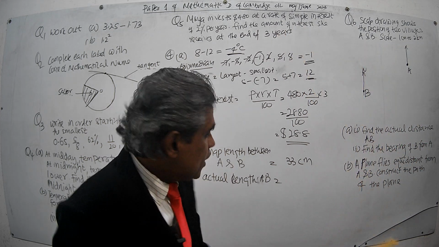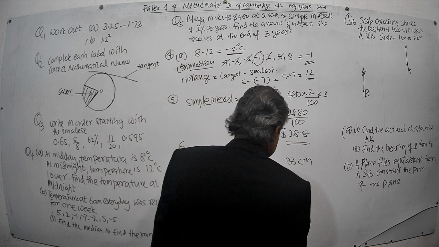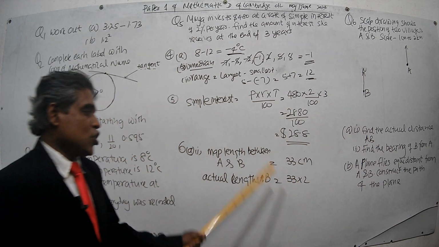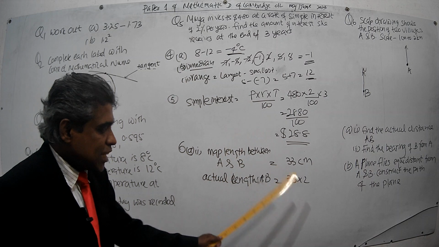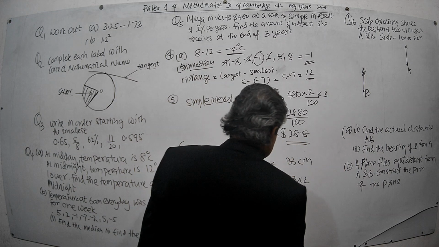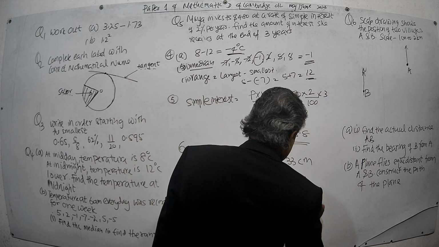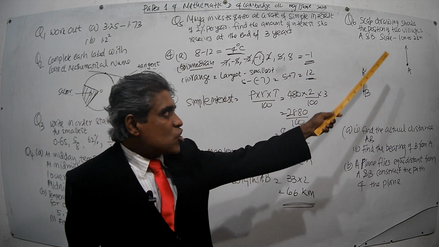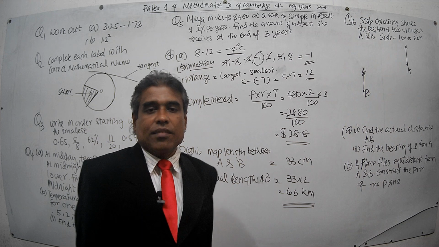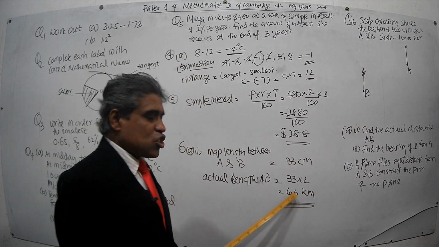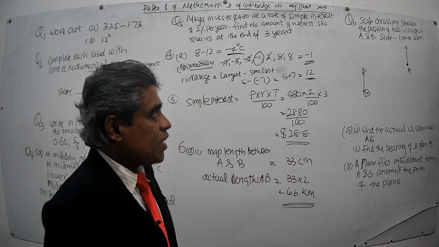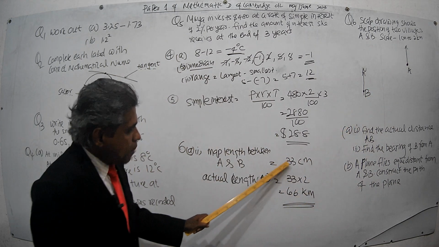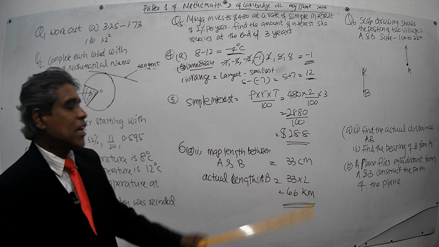So you multiply this 33 by 2. 1 centimeter is 2, then 33 centimeters will be how much? 66 kilometers, because each centimeter is 2 kilometers of actual length. Okay, right. This is not definitely your answer. This is the way of doing it. You find the centimeter value between A and B, write it like this, multiply that by 2, and then you get the kilometers.